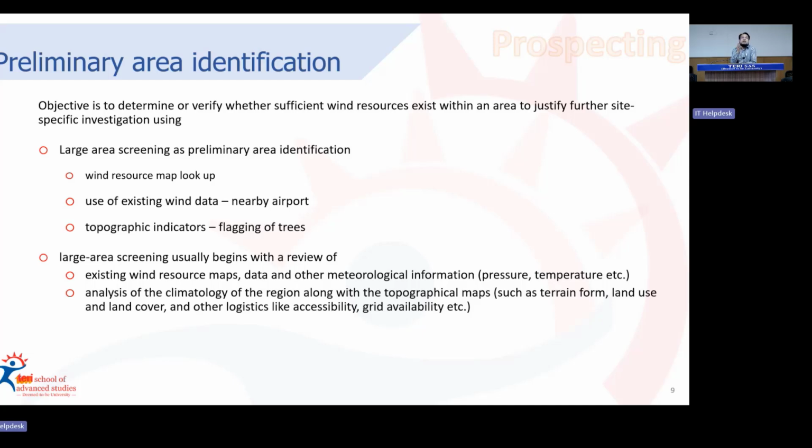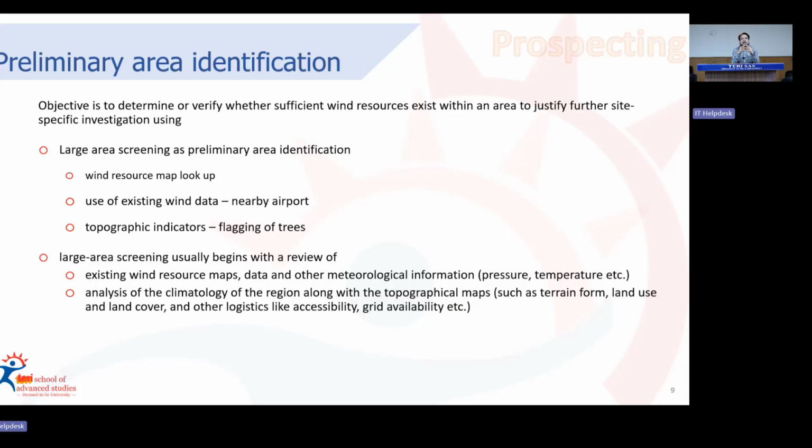This will be carried out first by large area screening, by wind resource map lookup, by the use of existing wind data taken from the nearby airport, and also by looking at topographical indicators, that is, the flagging of trees.